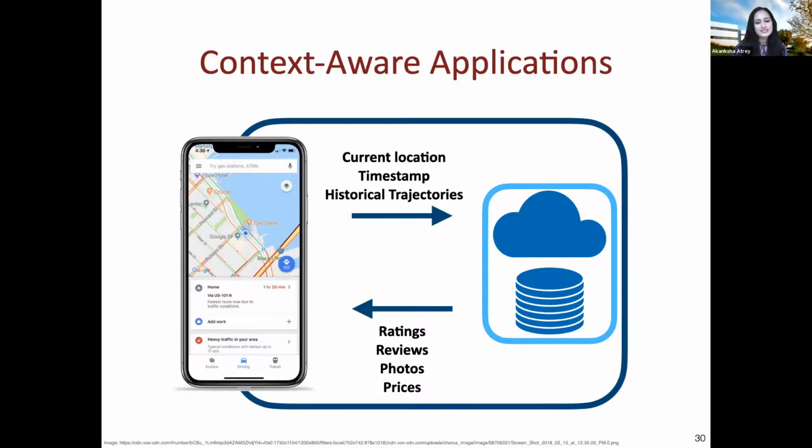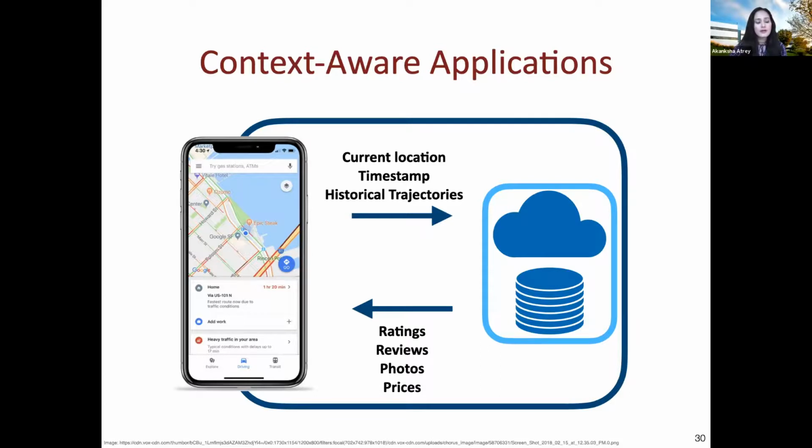Now, these context-aware services are thriving not only on using the current context, but also predicting future context. And by predicting future context, you can prefetch content like ratings and reviews, or you could provide recommendations based on expected future mobile behavior.